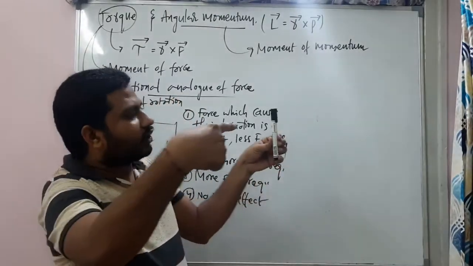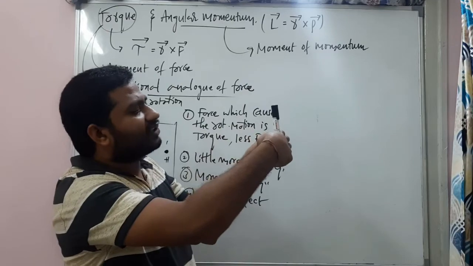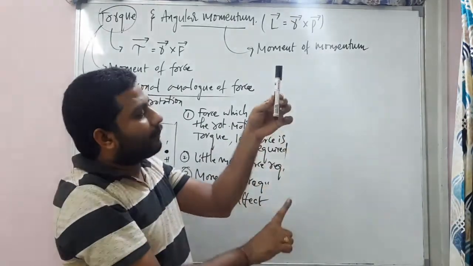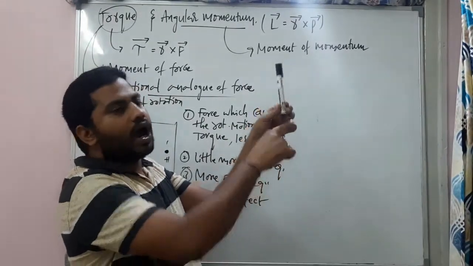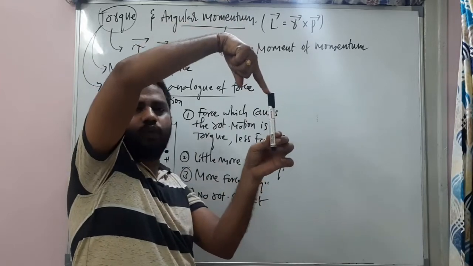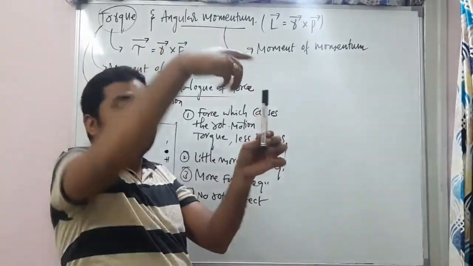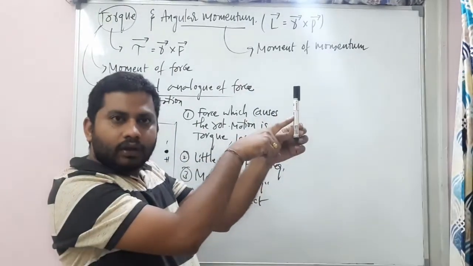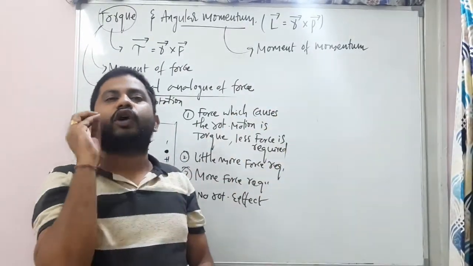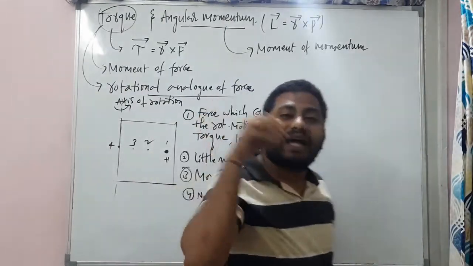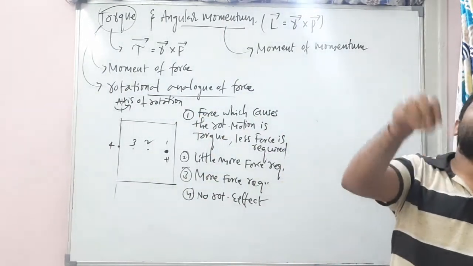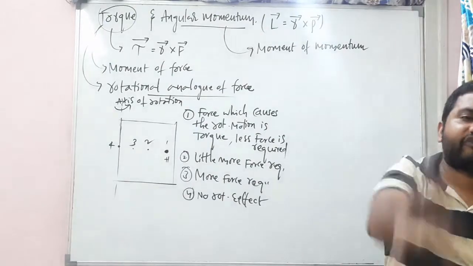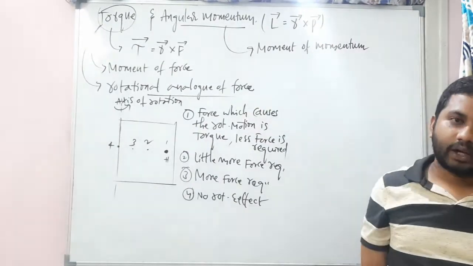On the axis of rotation, you can apply force in this direction, or this direction, or at any angle. If you apply a force on the axis of rotation, there won't be any rotational effect. Why? That will come now.